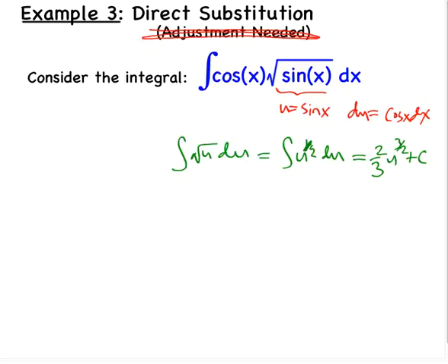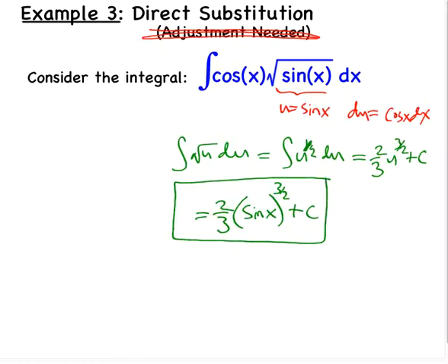And now we want to replace u with the function it's equal to, sine of x. So our final answer is 2/3 sine of x to the 3/2 power plus c. So this was an example where the interior function was a trig function.